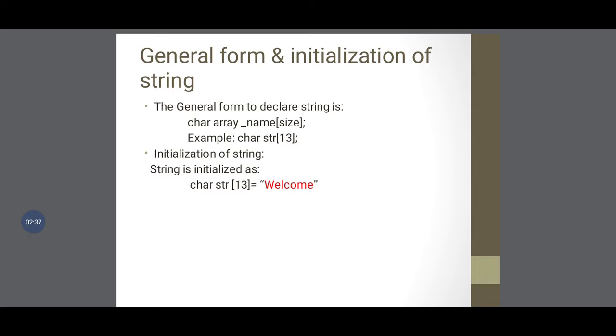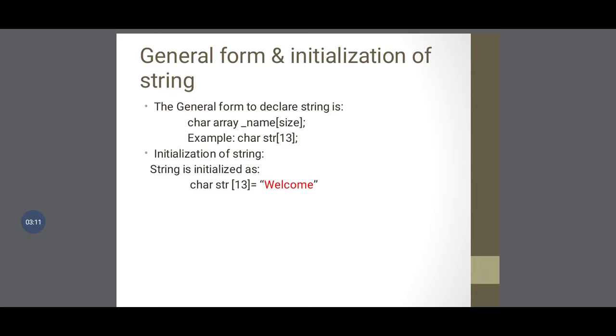After the general form, or the declaration, we have to initialize the string. Initialization is somewhat similar to a declaration of a string, but what we have added is this. We have the same format: char, then the name of the string, that is str. In the square brackets we have mentioned its size, that is 13, but after that we have given an equal to sign, and in double inverted commas we have written the string.